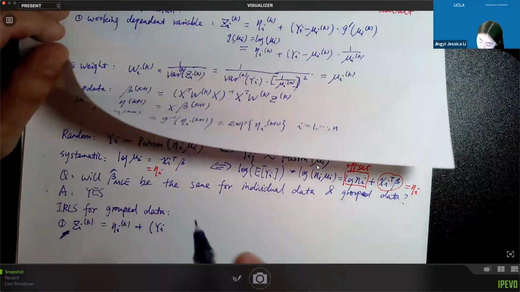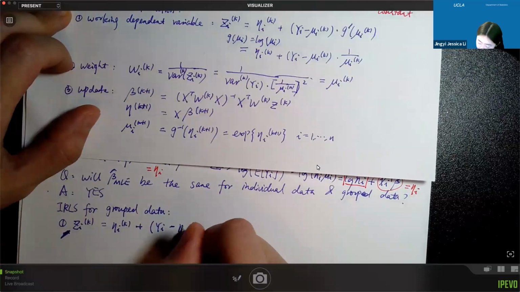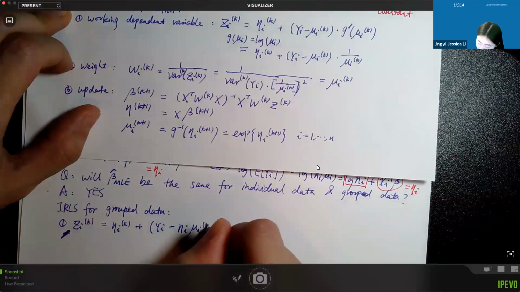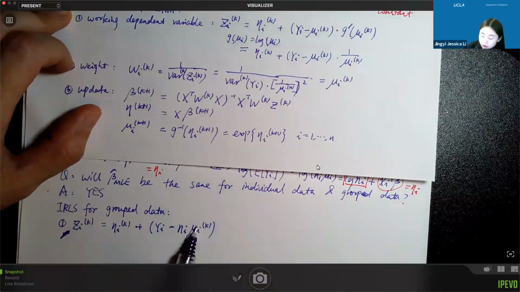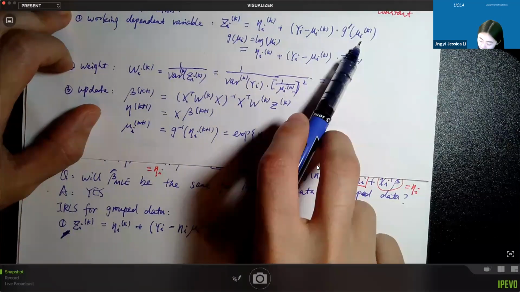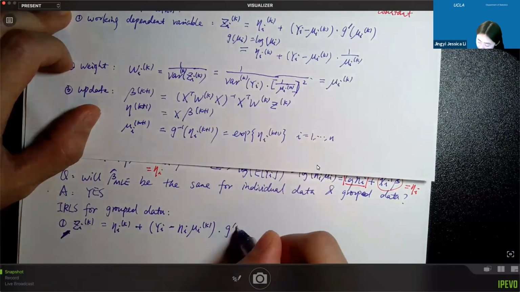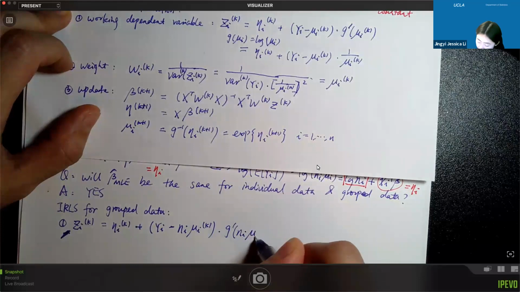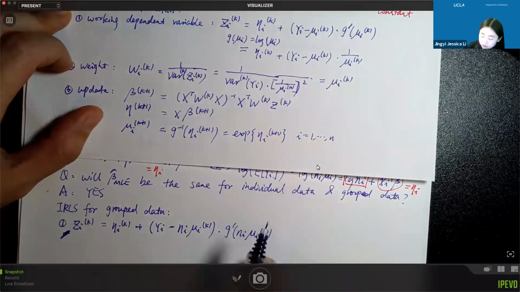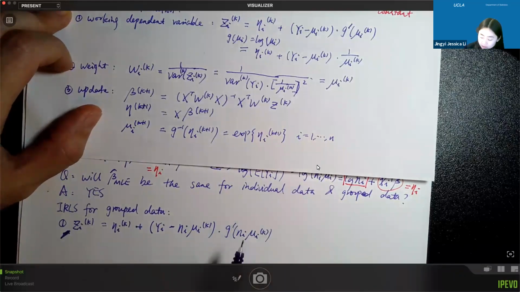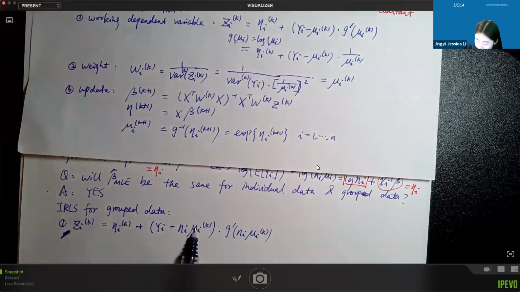So this mean should be changed to n_i times mu_ik. And then by Taylor expansion, this g prime should be g prime at n_i times mu_ik. We always have the differentiation at the value we want to expand it for.